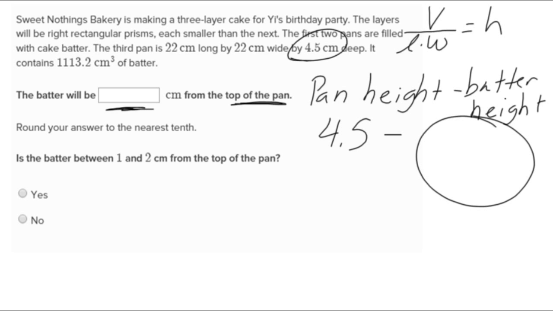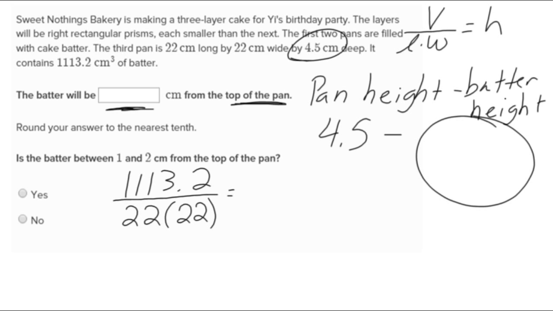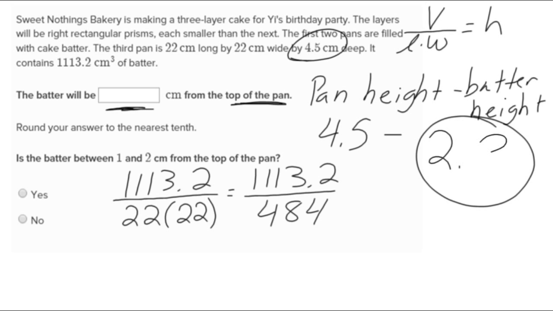I am going to take the volume, 1113.2, and divide by the area, which is 22 times 22, that is 484. When I do that calculation, I get 2.3. So this will be 2.3, the batter height.